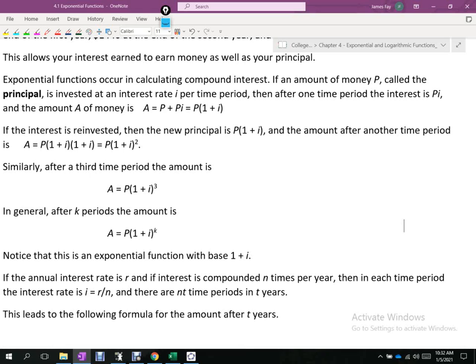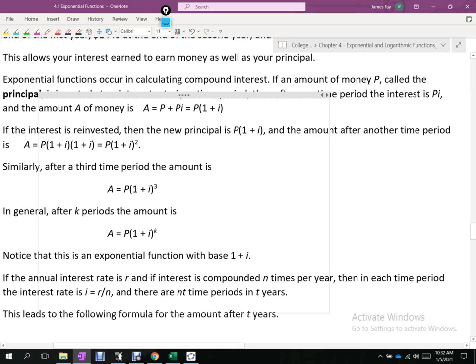So that's the $1,000 that we put in at the beginning, okay? If it's invested at an interest rate, which we call I, per time period, then after one time period, the interest is P times I. Does that make sense? So if my interest rate was 20%, P times I is 1,000 times 20%, which is $200. So PI would be $200.